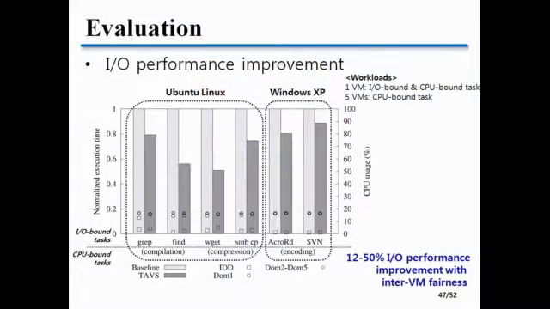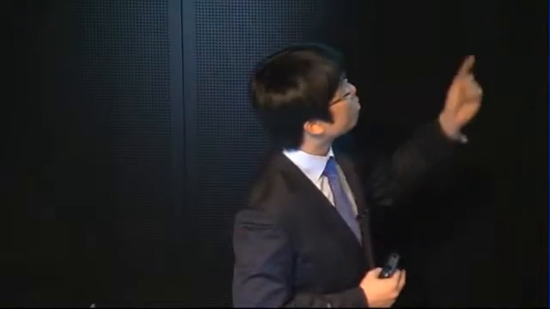So here are the evaluation results of the I/O performance with workload mixes possibly found in virtual desktops. We ran the multitasking workload in a VM, and this VM is co-running with 5 CPU-bound VMs. This is a very high degree of consolidation assumption. On the x-axis, the I/O-bound task is on the top, and the CPU-bound task is at the bottom.